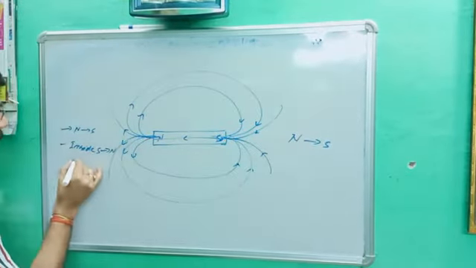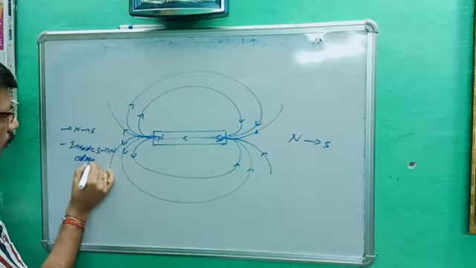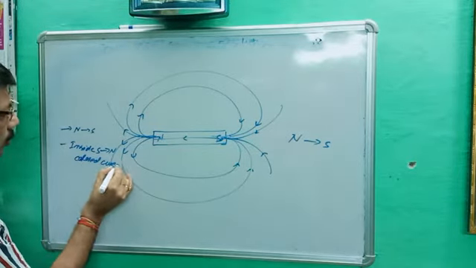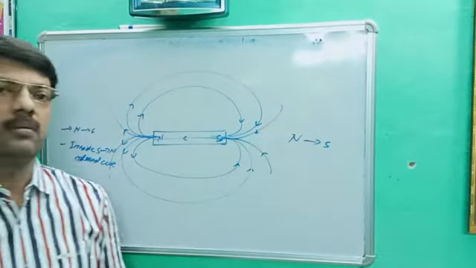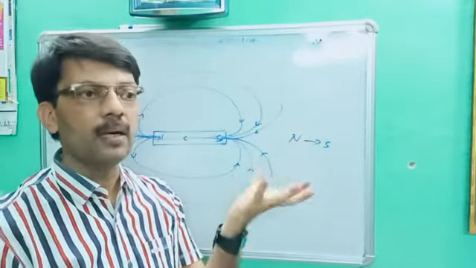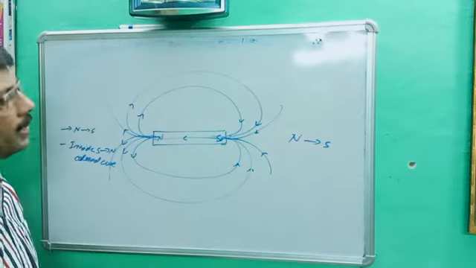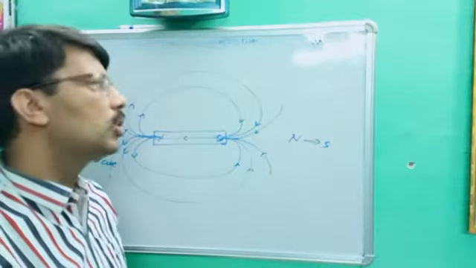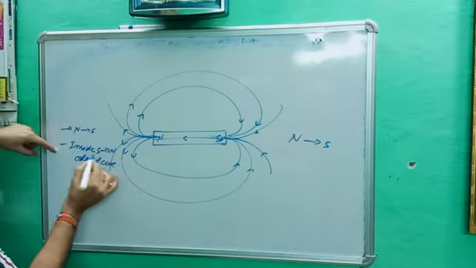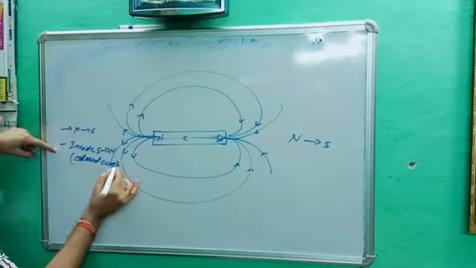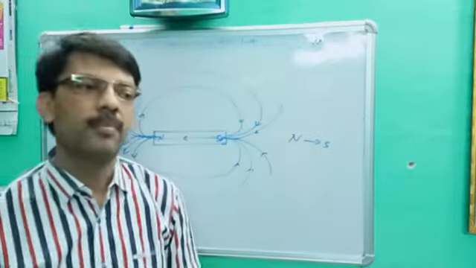It means they make a closed curve. Very, very important point. Magnetic lines of force make a closed curve, while electric lines of force make an open curve. Here I am talking about magnetic lines of force. They make a closed curve, because they travel from north to south outside, and inside they travel south to north.